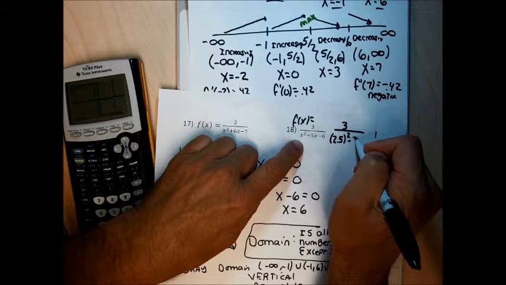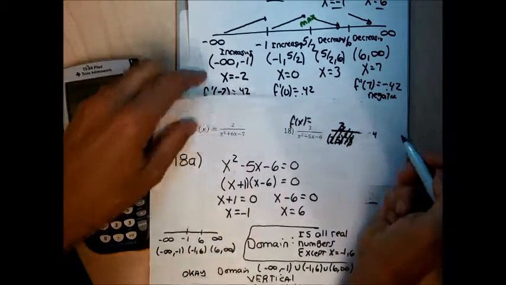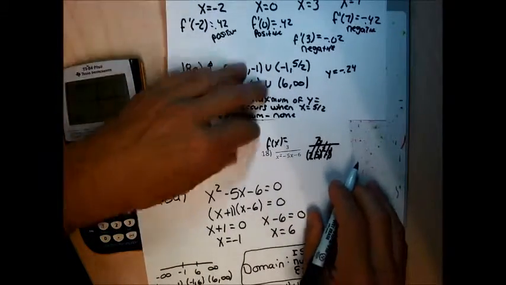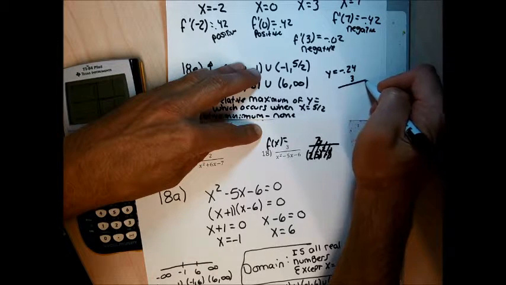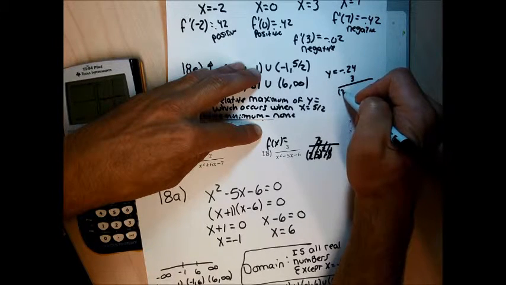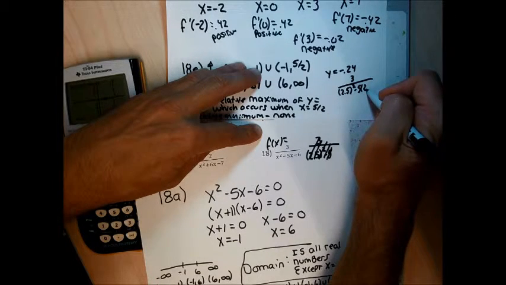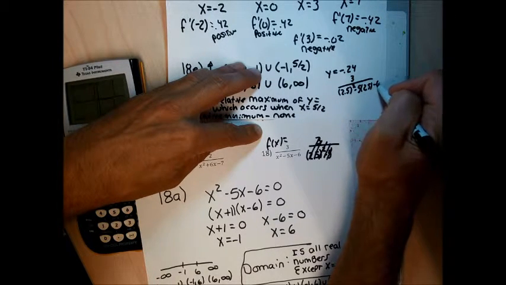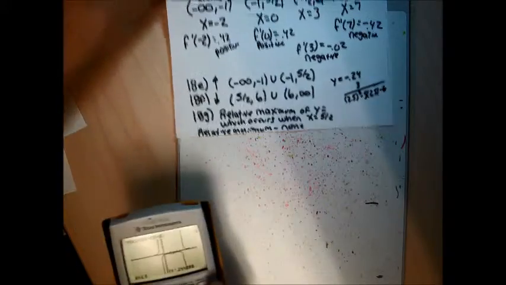If I just go 3 over 2.5 squared minus 5 times 2.5 minus 6 and make the decimal answer into a fraction, I will save myself a lot of grief with my calculator.